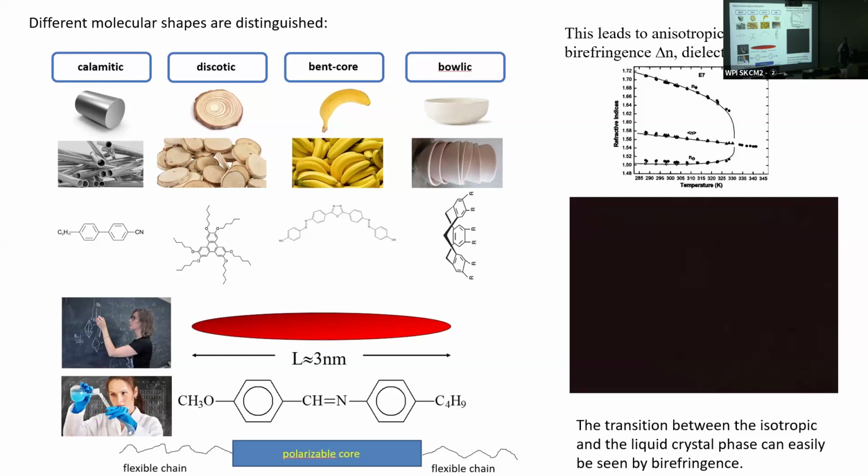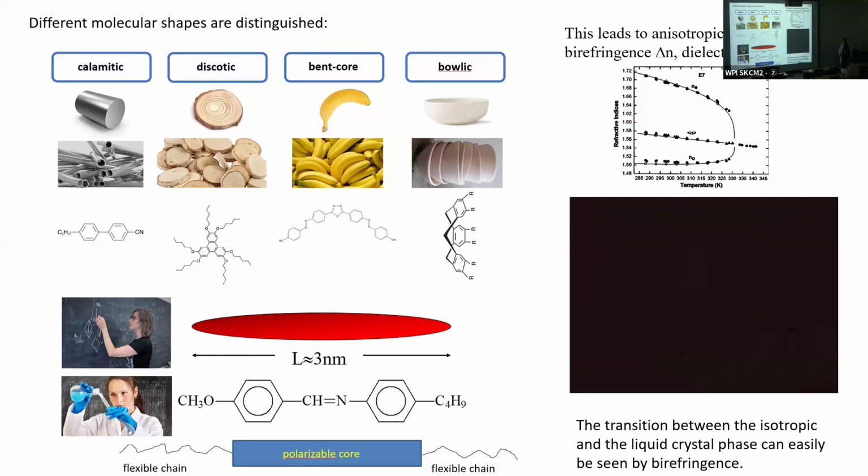Okay, so physicists and chemists usually have a very different view on liquid crystals. Physicists usually see them as something like this, a rod-shaped something without any structure, but much longer than wide. Right? So the length is about 30 angstroms, roughly, of a liquid crystal molecule, and the width is about 4 to 5 angstroms.